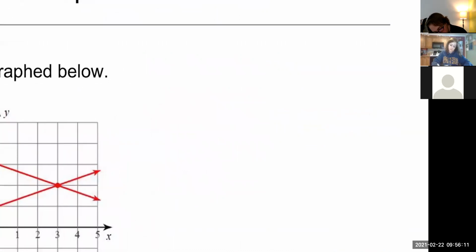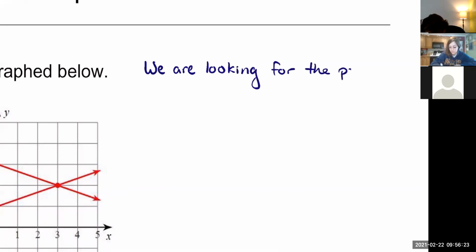Some things I'm going to note here in the margin is that we are looking for the point where the lines intersect.